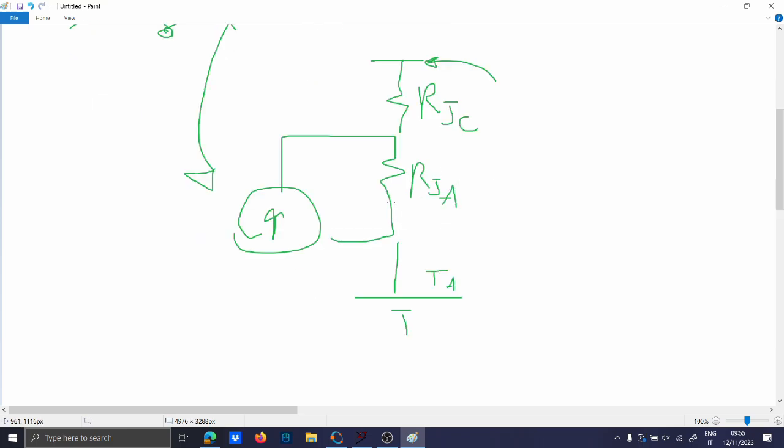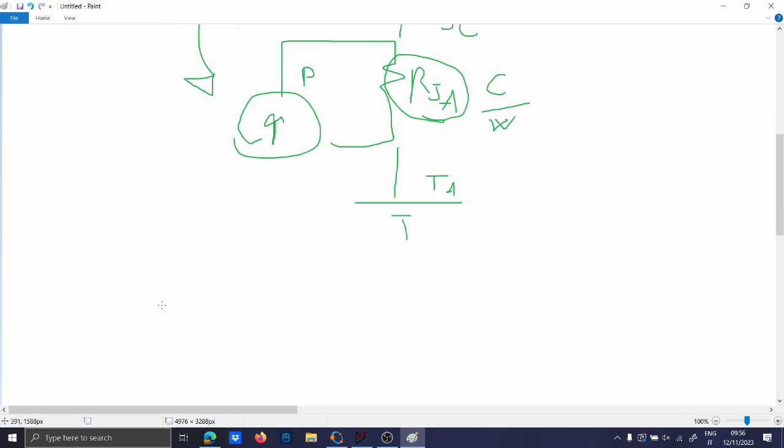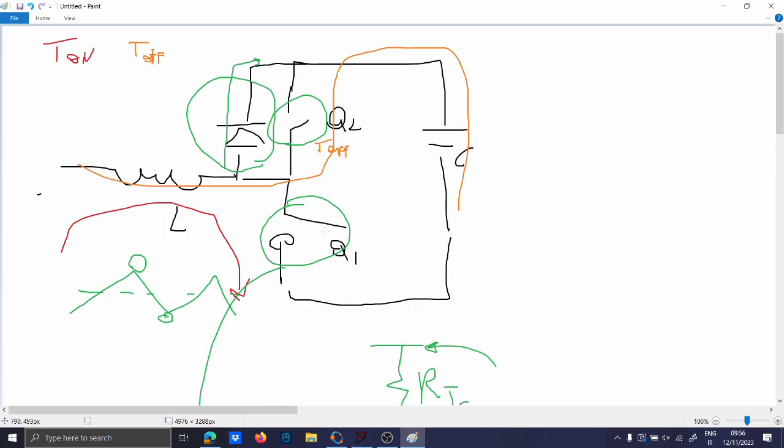So basically, it is like plugging the power losses here. The thermal resistors are measured in Celsius over watt. So just a few calculations: Celsius over watt times watt, you have Celsius. So you can estimate how much heat you have to dissipate.